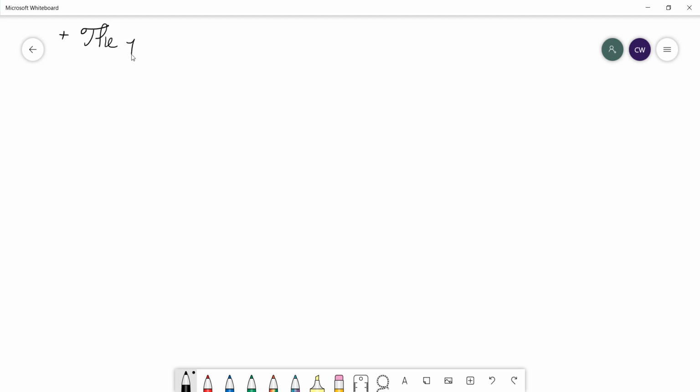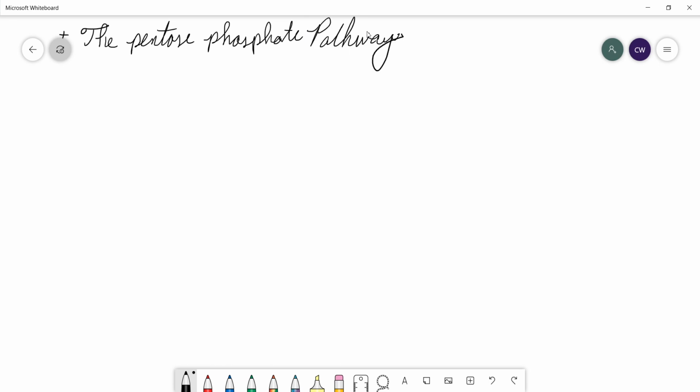So let's talk about the pentose phosphate pathway. Let me rewrite, that's illegible. All right, there we go, much cleaner. So, pentose phosphate pathway.